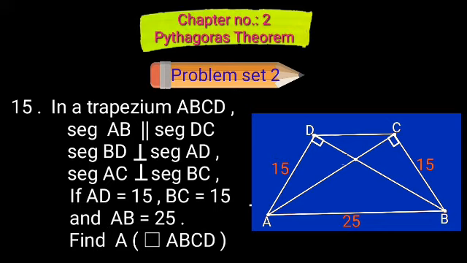If AD is equal to 15, BC is equal to 15 and AB is equal to 25, find the area of quadrilateral ABCD.